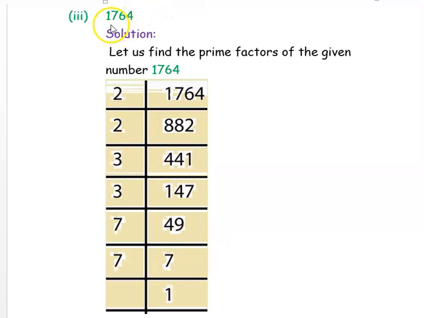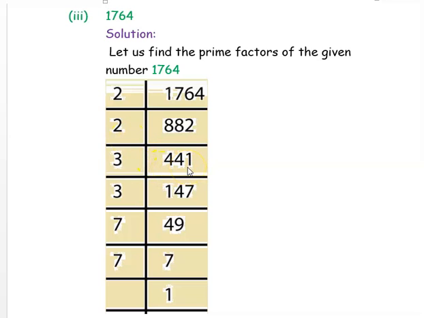The next question given is 1764. Now we'll do prime factorization for 1764. We have to always start with the minimum natural number. Since it's an even number, we are starting with 2. Dividing by 2, you will get 882, which is again an even number, so we divide it by 2 and get 441.